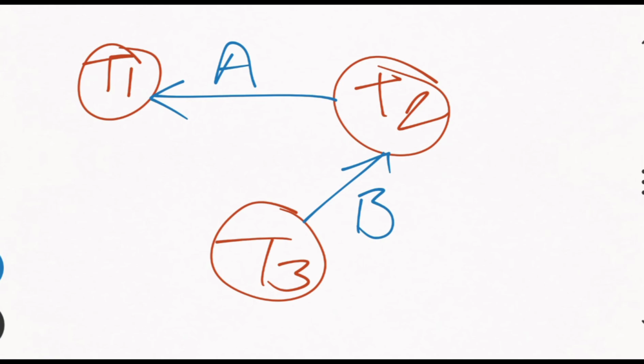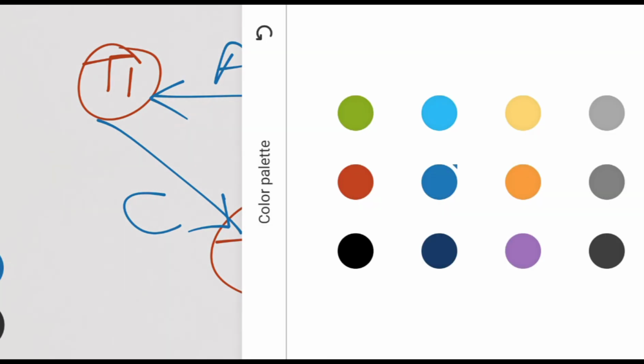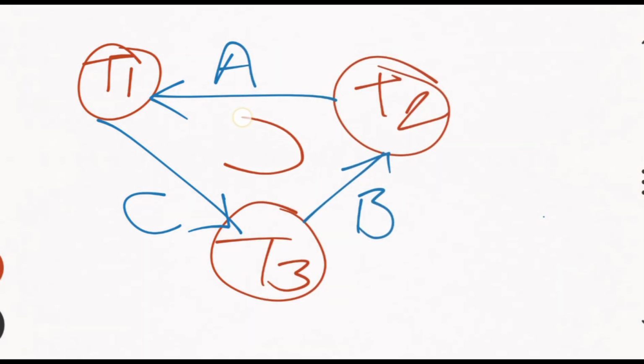Now if I am getting a cycle here, then there will be a deadlock, right? For example, if T2 wants the data item A which is currently held by T1, T1 wants the data item C which is currently held by T3, and T3 wants the data item B which is currently held by T2, then you can see there is a cycle.